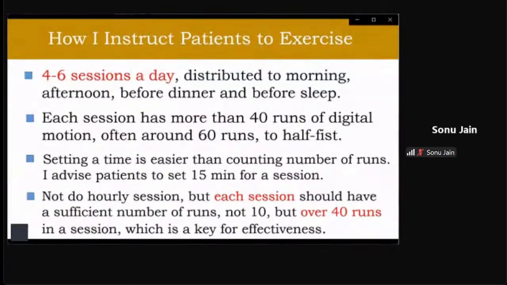I do not suggest you do hour sessions. With a smaller number of sessions a day, increase the rounds in each session. That is more efficient, and patients will also like it. Patients do 4 to 6 sessions a day rather than 10, 12 sessions a day, but in each session go over 40 rounds. This will increase effectiveness.